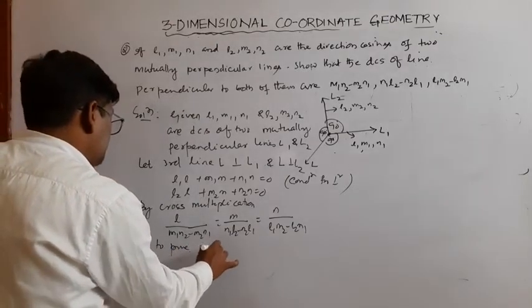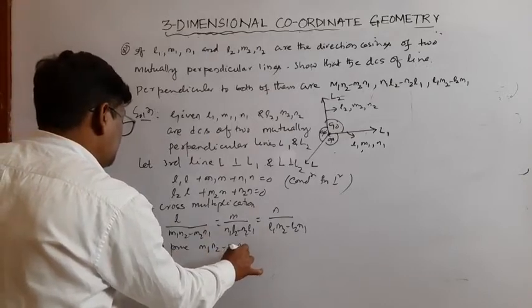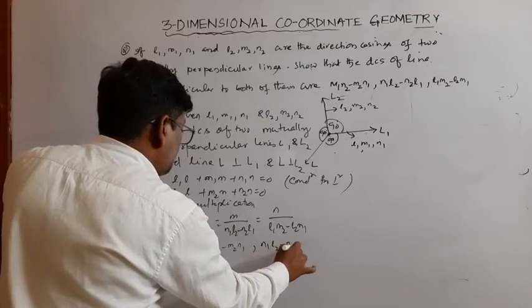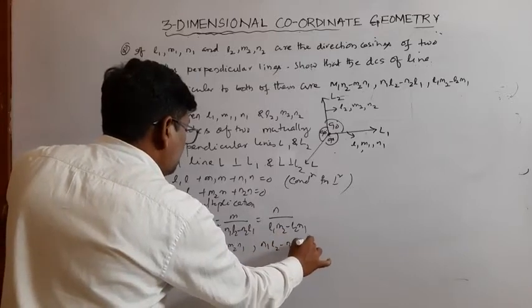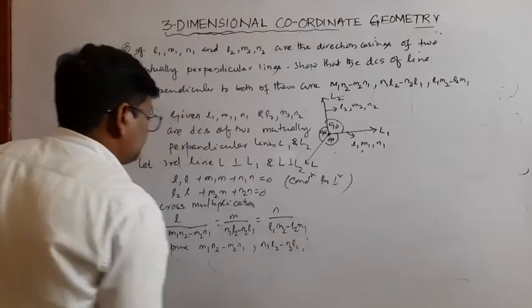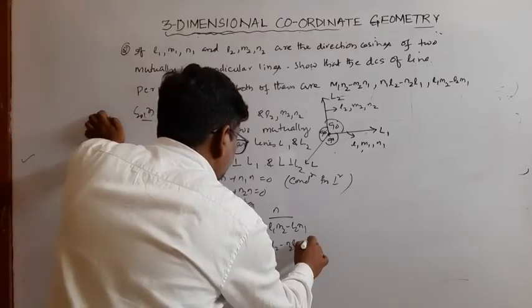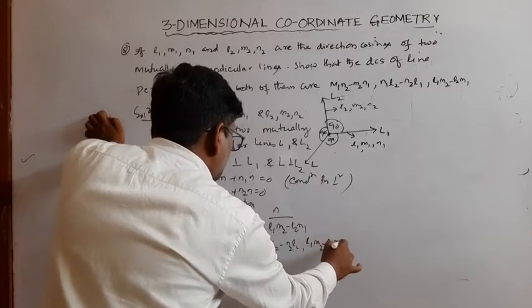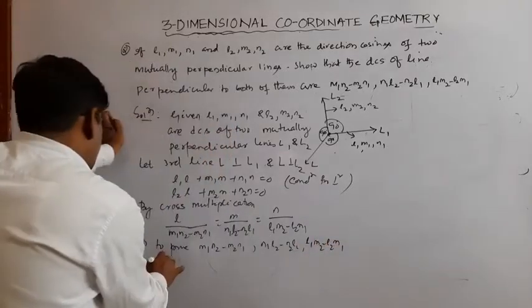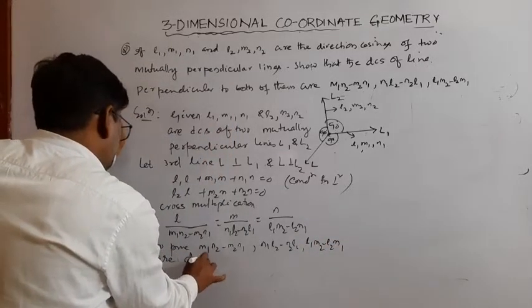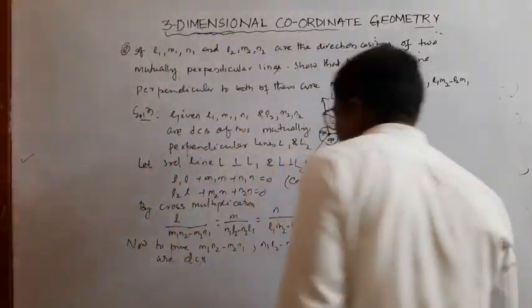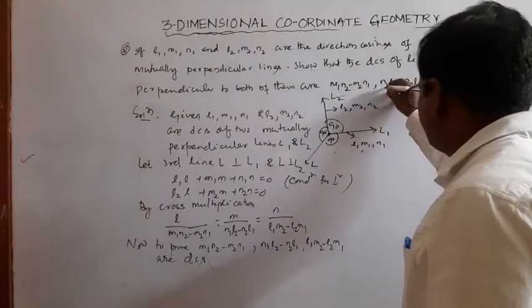Now to prove that M1 N2 minus M2 N1, N1 L2 minus N2 L1, L1 M2 minus L2 M1 are direction cosines, DCs, we square them.